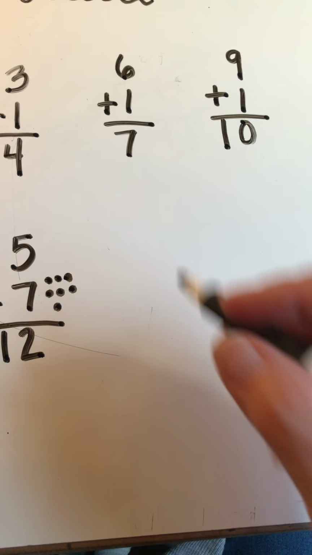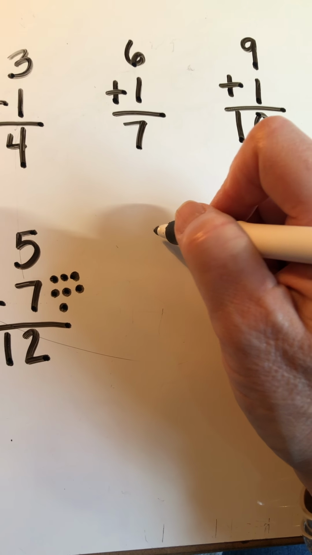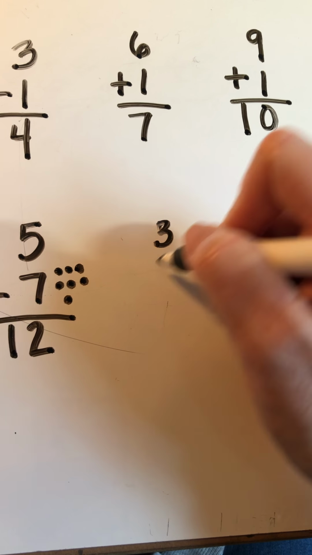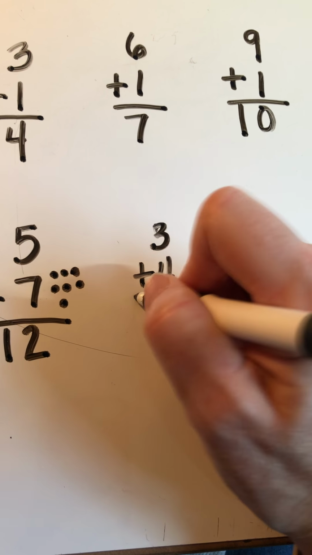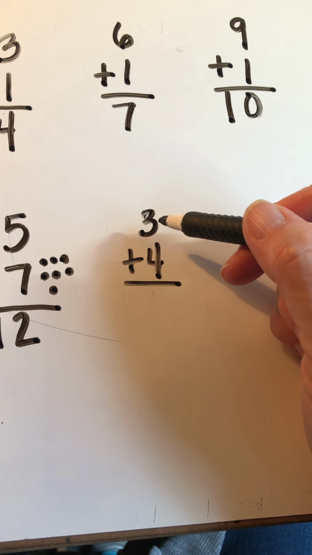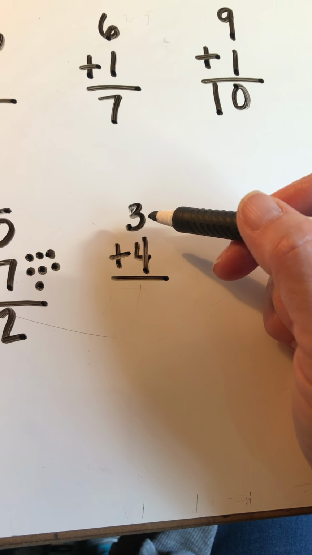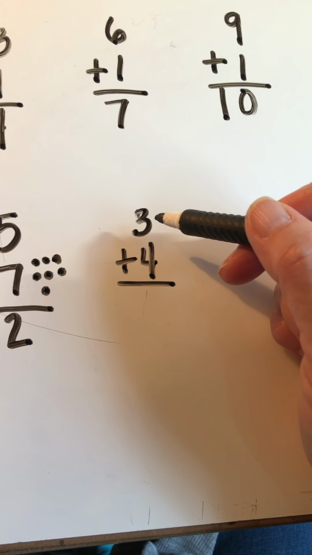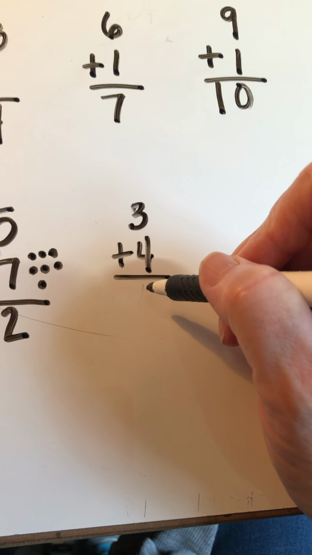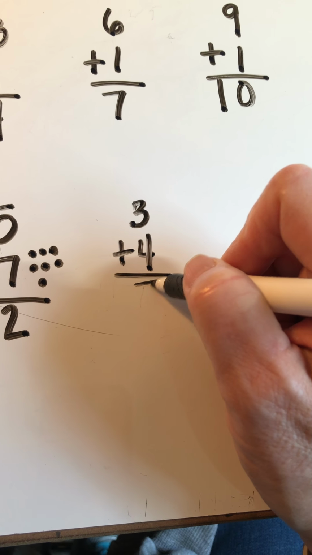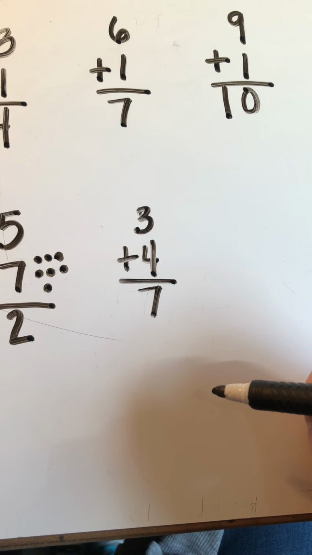Now, how about 3 plus 4. Ooh, well I know my doubles, 3 plus 3. 3 plus 3 is 6. So that means 3 plus 4 must be one more than 6. Yeah, 7. Good.